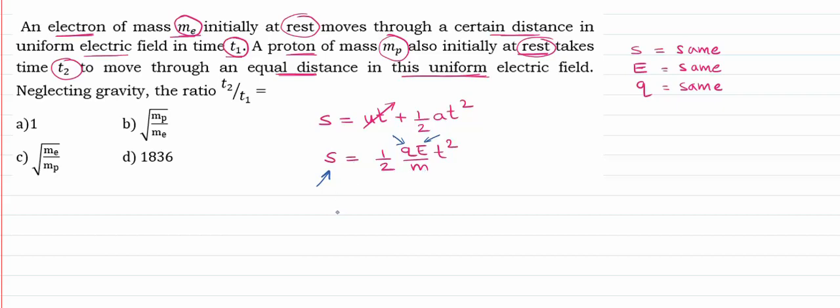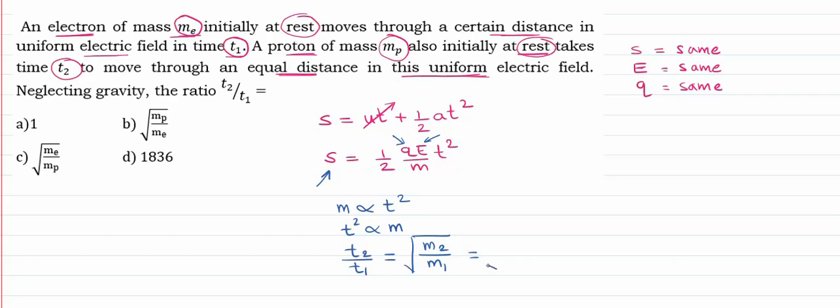So I will take m to the LHS, so I can say m is directly proportional to t square, or t square is directly proportional to m. He has asked for the ratio, that is t2 by t1 can be written as root of m2 by m1.